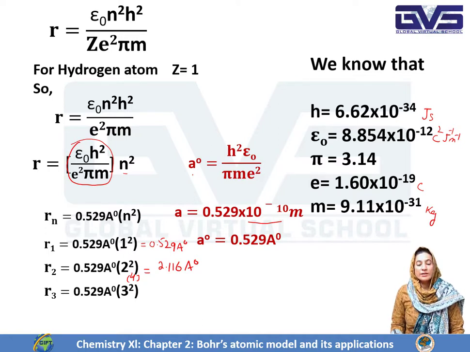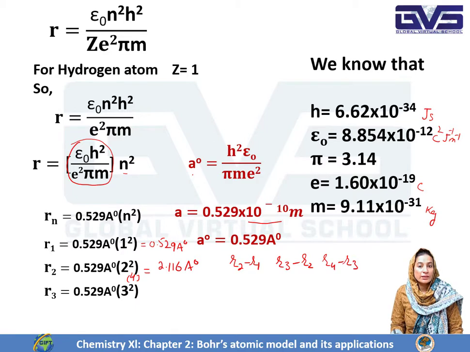You can even find the difference of the radius, like r2 minus r1, r3 minus r2, r4 minus r3, and you can say whether the radius gap is increasing or decreasing. This is for you to solve.